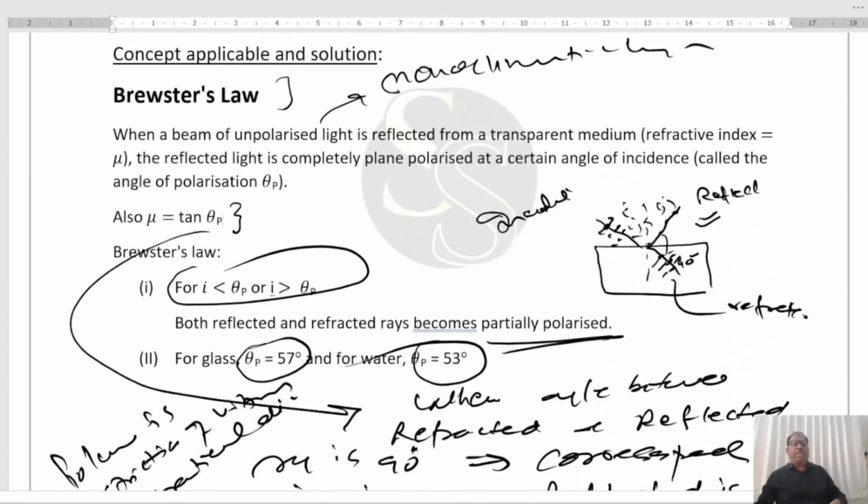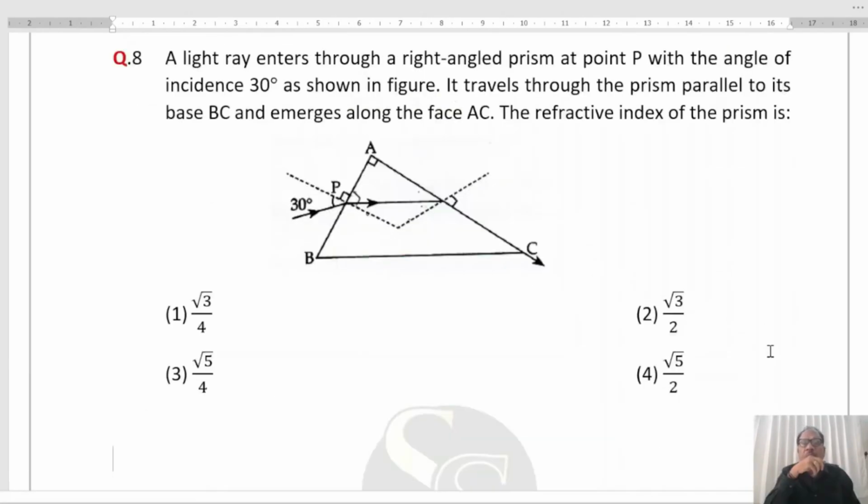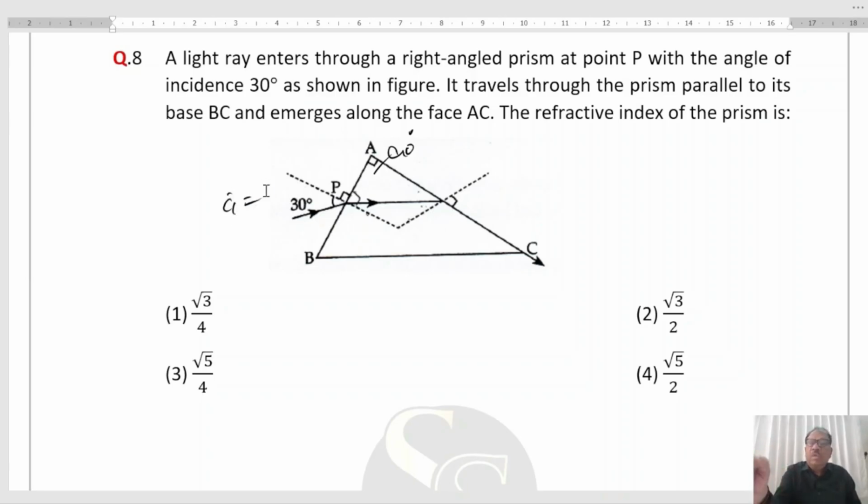Next question. A ray of light enters through a right angle prism, means this angle A is 90 degree, at point P with the angle of incidence i, as shown in the figure. It travels through the prism parallel to its base BC, this is parallel to this, and emerges along the face AC.